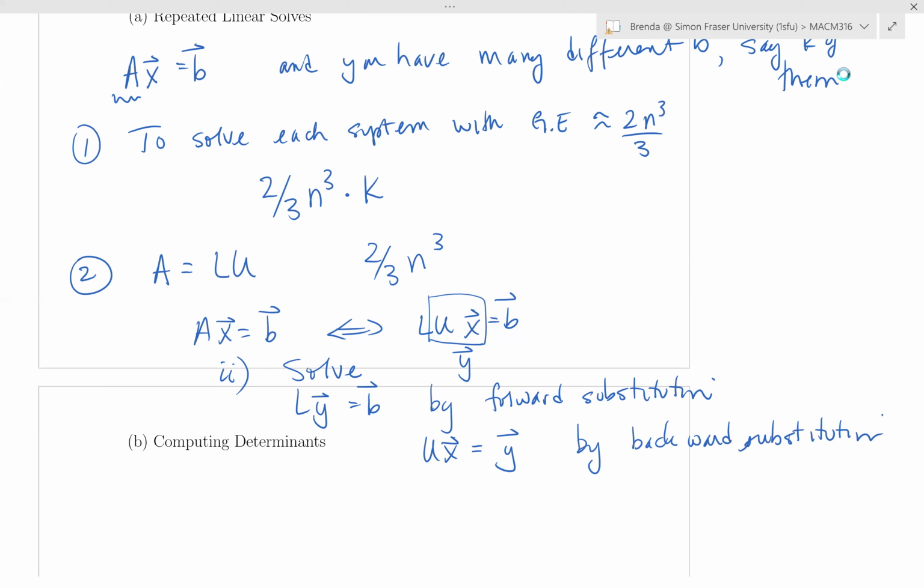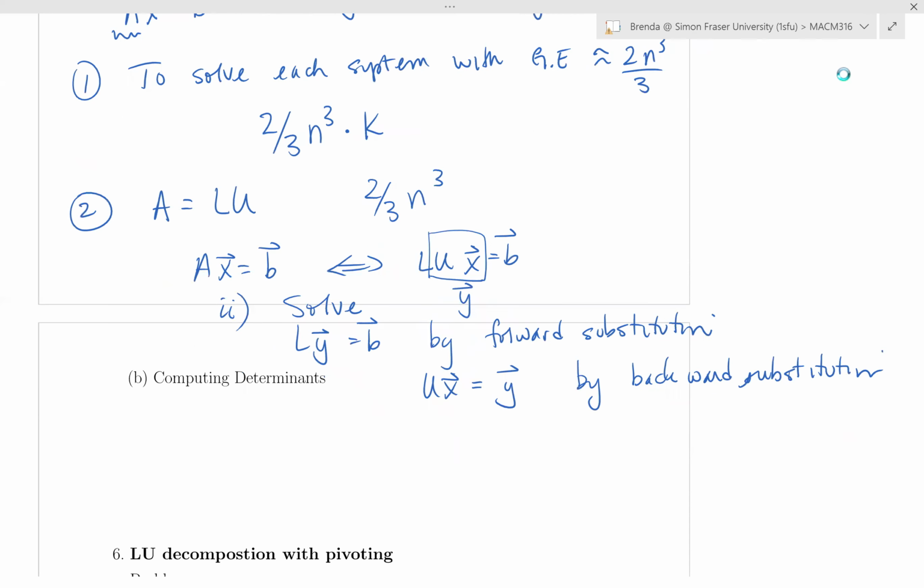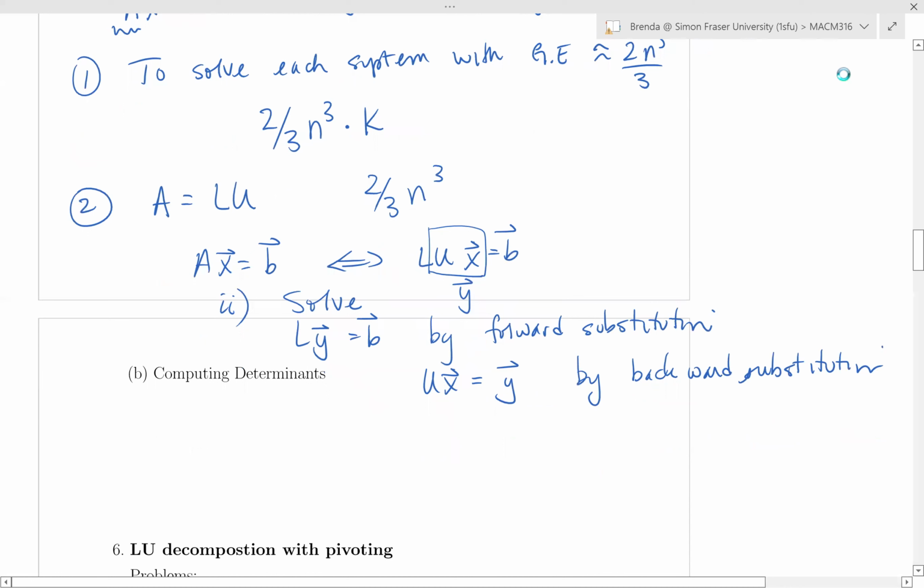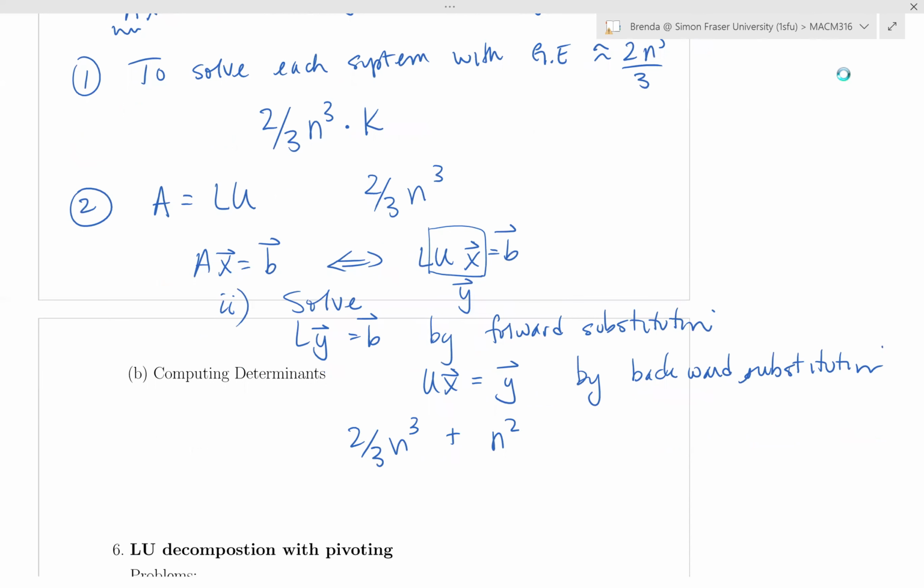Okay. So forward and backward substitution is an n squared operation. What we end up having is our original 2/3 n cubed, and then we have n squared for the forward substitution and n squared for the backward substitution, and we do that k times.